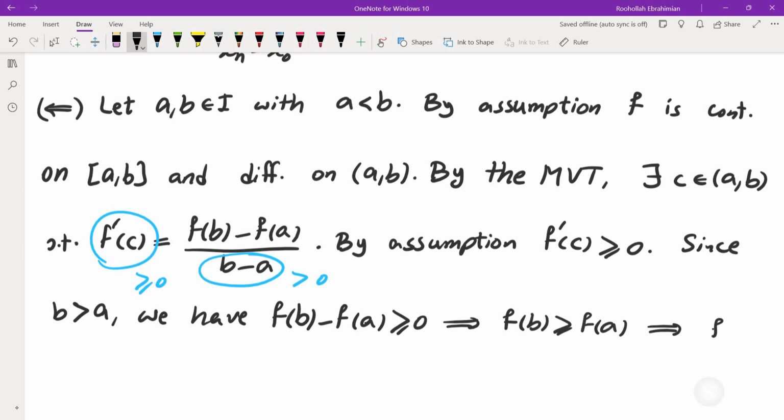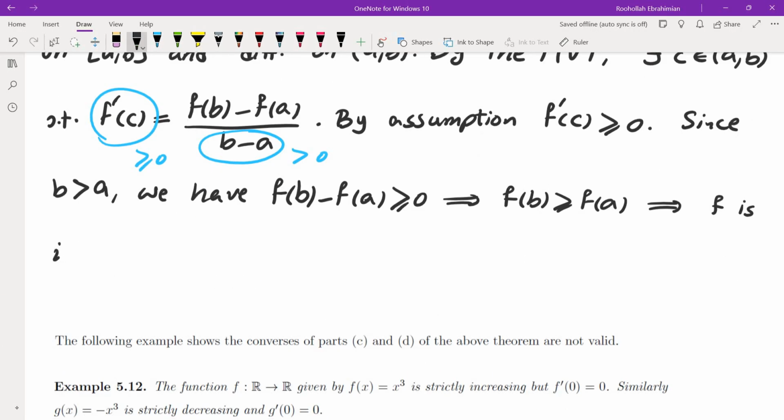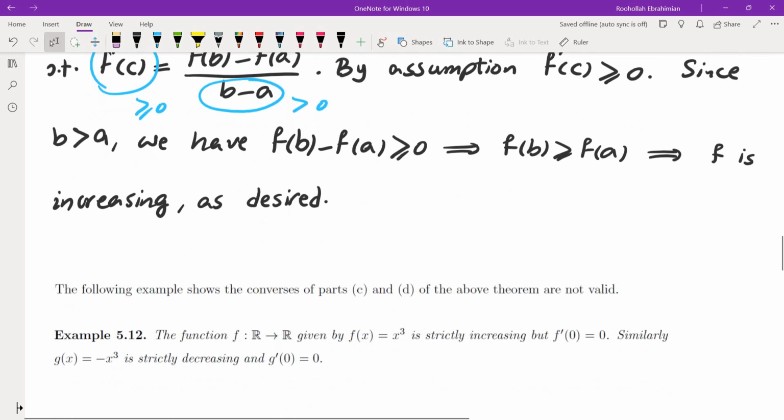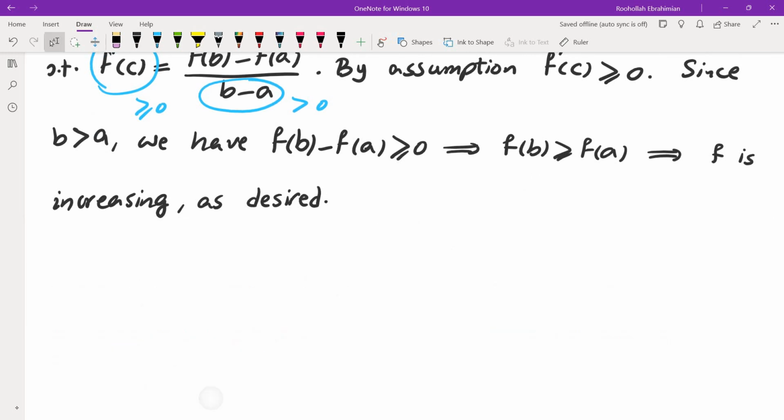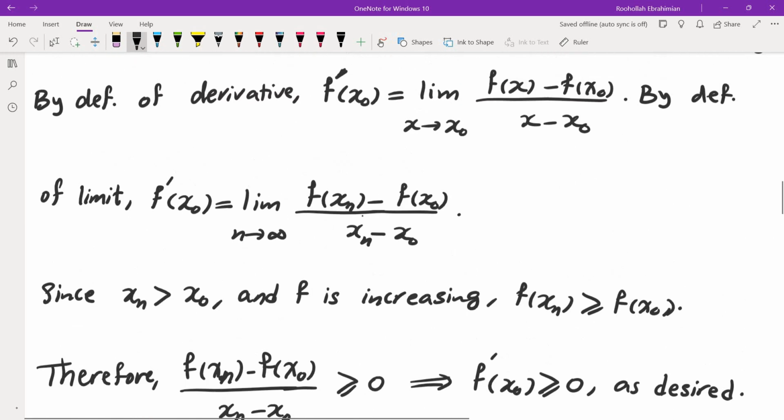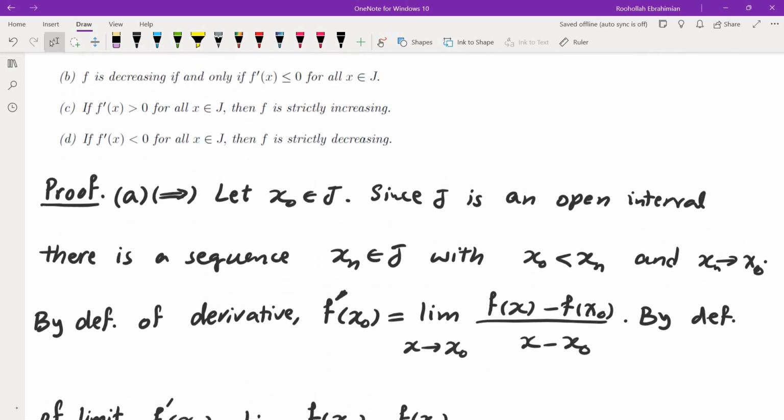And that means f is increasing, as desired. That's exactly what we needed. Okay, so this proves part A of this theorem.